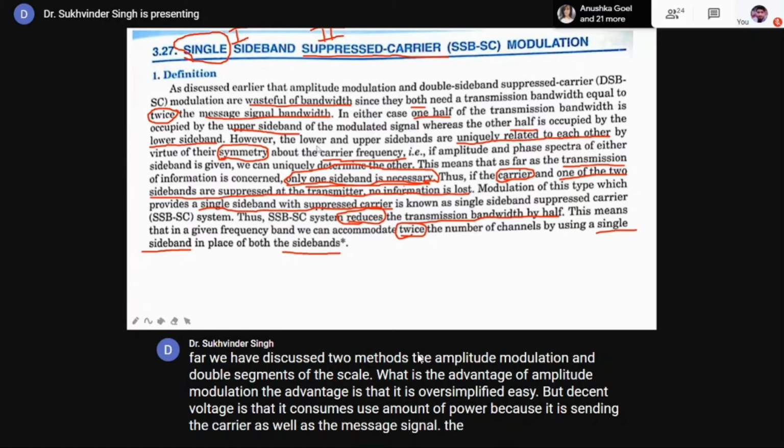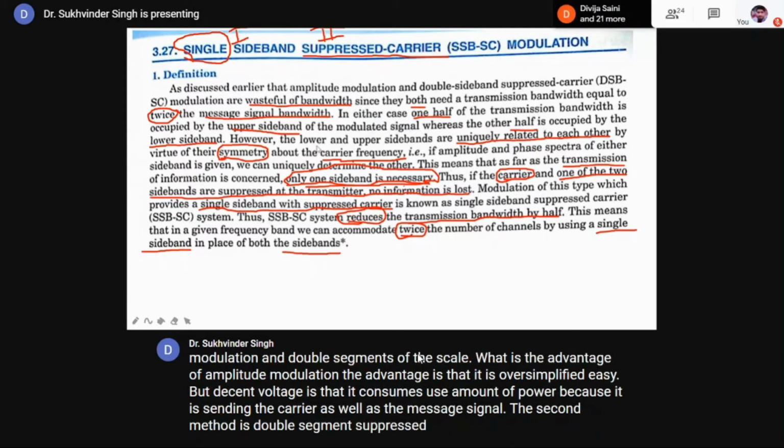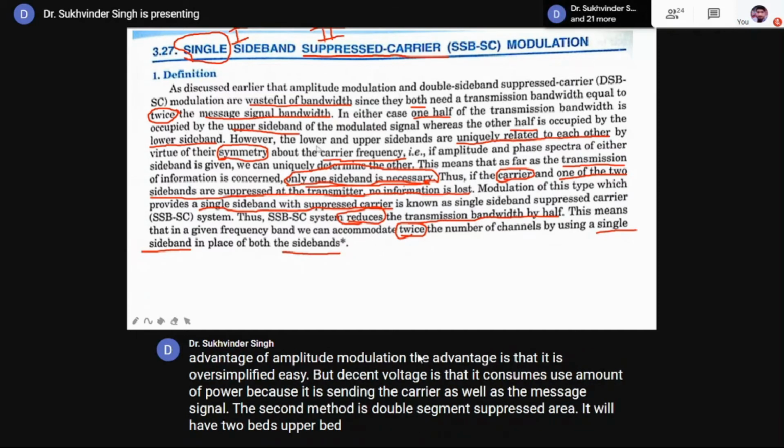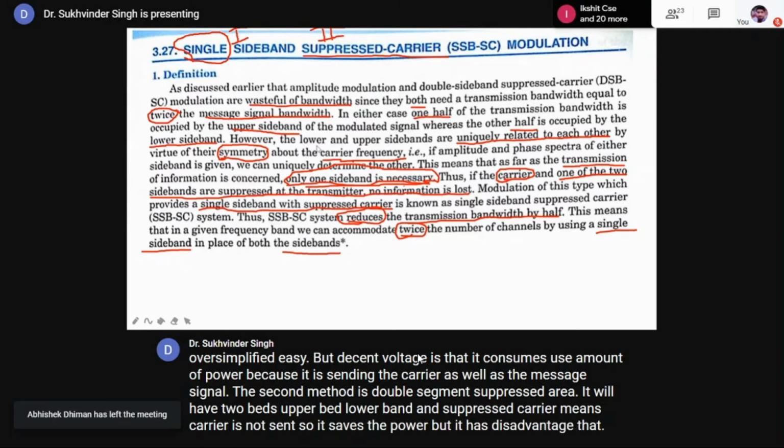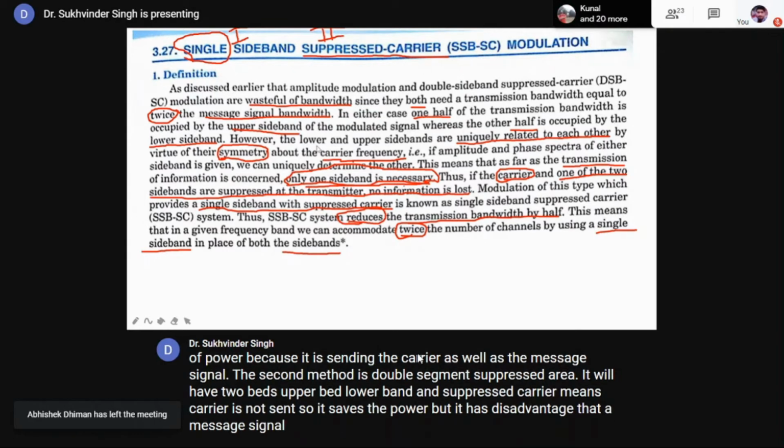The second method is double sideband suppressed carrier. It will have two bands, upper band and lower band, and suppressed carrier means the carrier is not sent, so it saves power, but it has the disadvantage that the message signal will be sent twice, once in the upper sideband and once in the lower sideband.